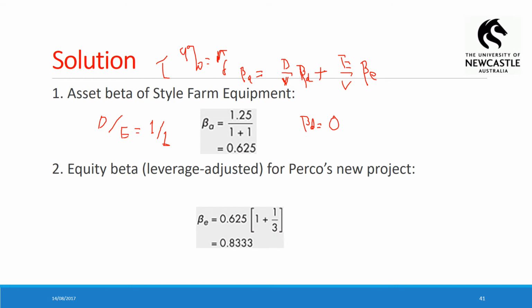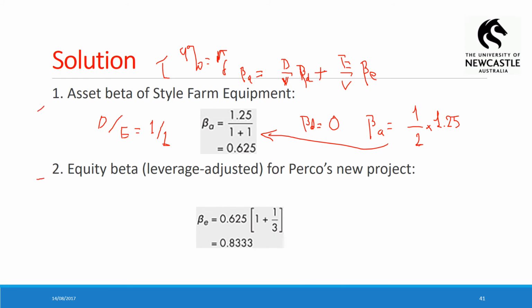So from this equation, when we rearrange the equation, we have 1 divided by 2 times beta E, where beta E was 1.25. That gives us the equation over here. So using this equation, we can find out that the asset beta for Style firm is 0.625.